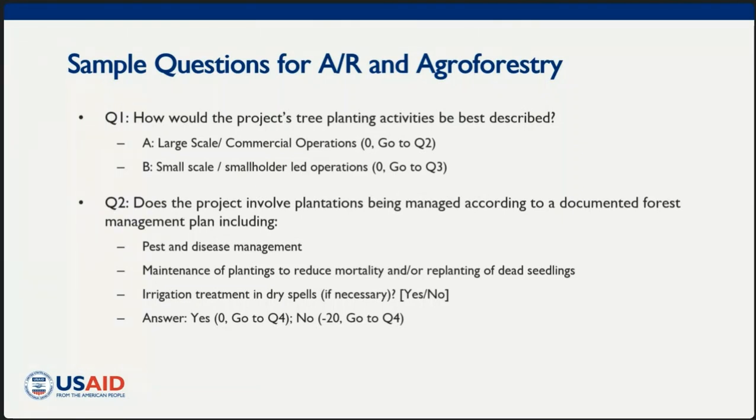But sometimes you might be dealing with small scale farmers and small scale holders. So the questions will now branch. There will be a branch depending on the answer you give. If it is a large scale activity, then the program branches to question 2. If it's small scale, it goes to question 3.